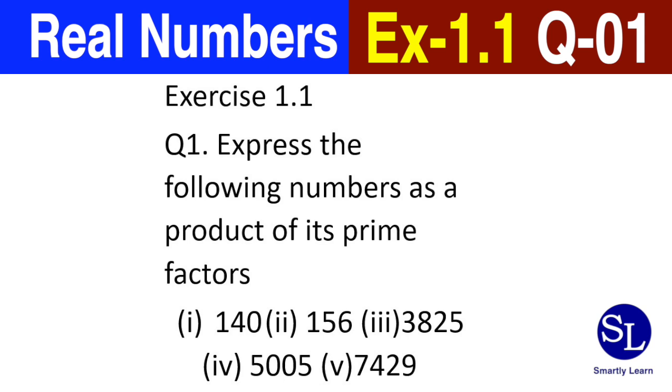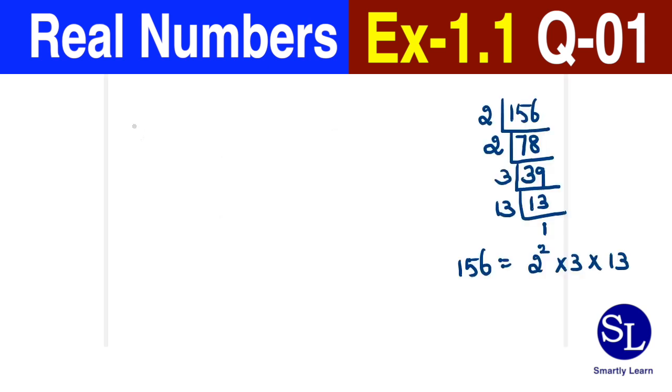Now let's take the third number, 3825. So 3825, it ends in 5, so I'm going to start with division with 5. When divided by 5 gives 765. Divide again by 5, you get 153. So 1 plus 5 is 6, 6 plus 3 is 9. So this is divisible by 3.